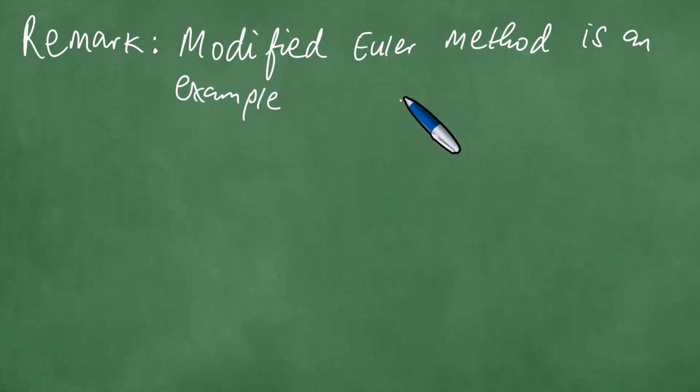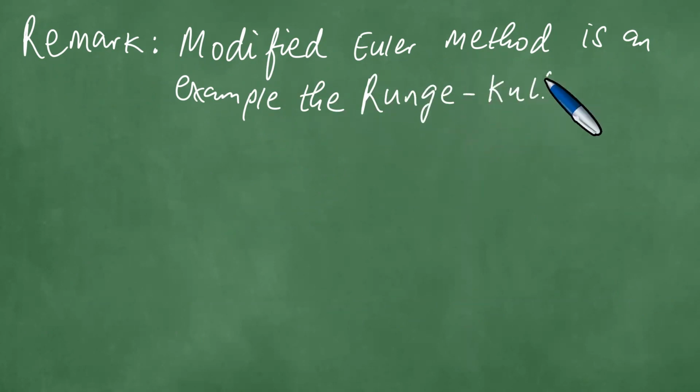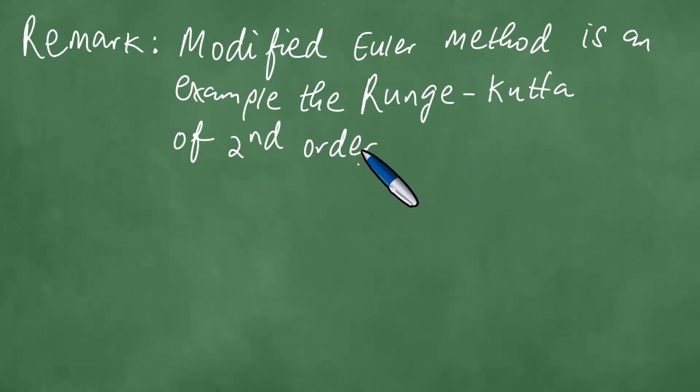The modified Euler method is an example of the Runge-Kutta of second order method. We are saying the modified Euler is just an example of Runge-Kutta of second order.